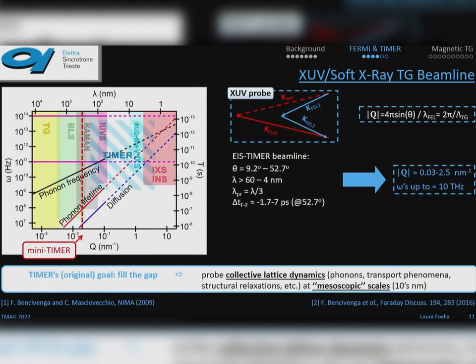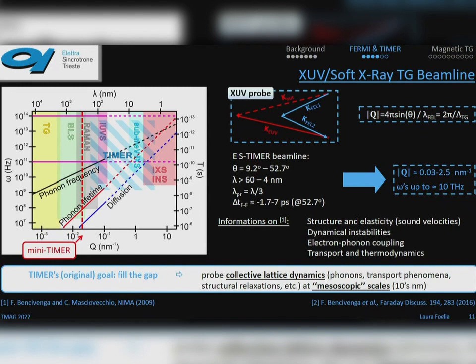So Timer was built in order to fill this gap, and if you put in the numbers for the possible crossing angles of the wavelengths we can have and so on and so forth, you see that we actually cover exactly this 0.03 to 2.5 inverse nanometer momentum region and frequencies that can go up to 10 terahertz.